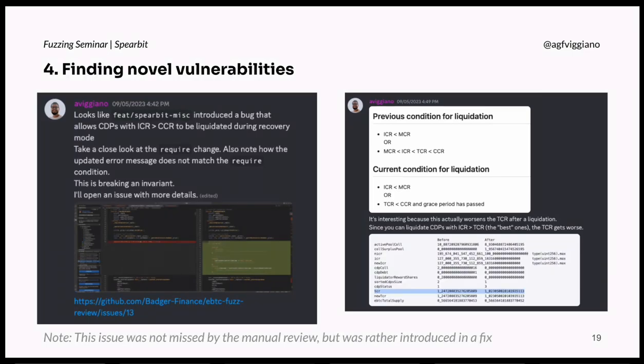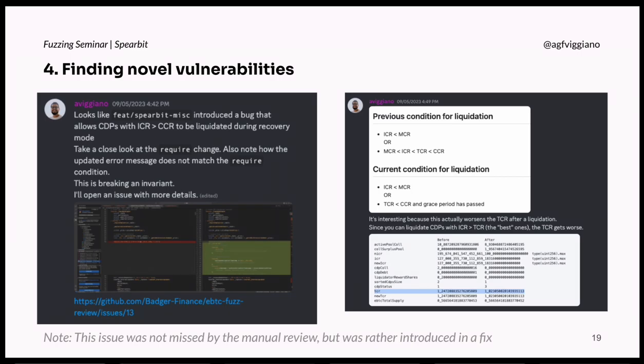But what if you introduced another bug? I think that sometimes happens, and I've seen some instances of this in live protocols where the protocol implemented a fix and then introduced another bug by accident.